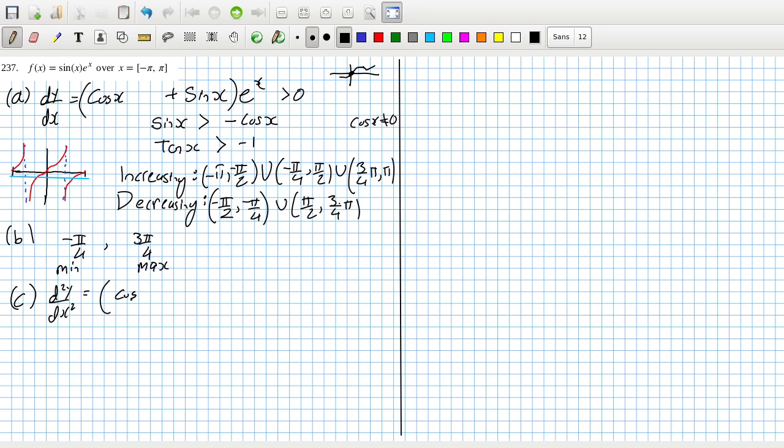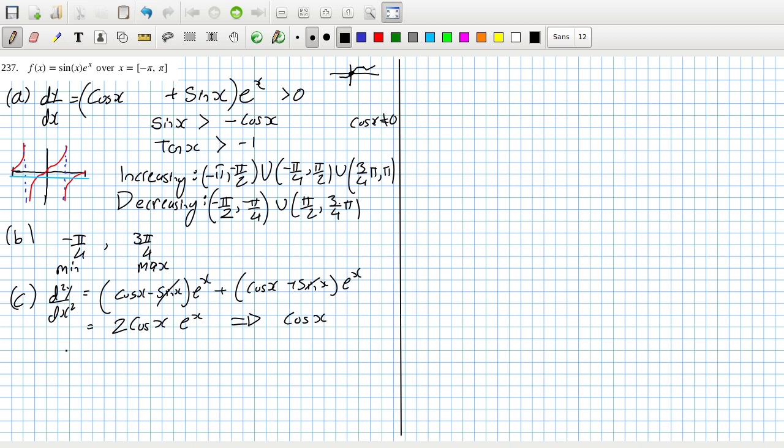So it just ends up being cos minus sine times e^x plus the same thing, cos x plus sine x times e^x. But I guess what's nice here is that the sines cancel out, so it's going to be 2 cos x e^x. But if you're only looking at the signs, if it's positive or negative, you just care about the cos x.